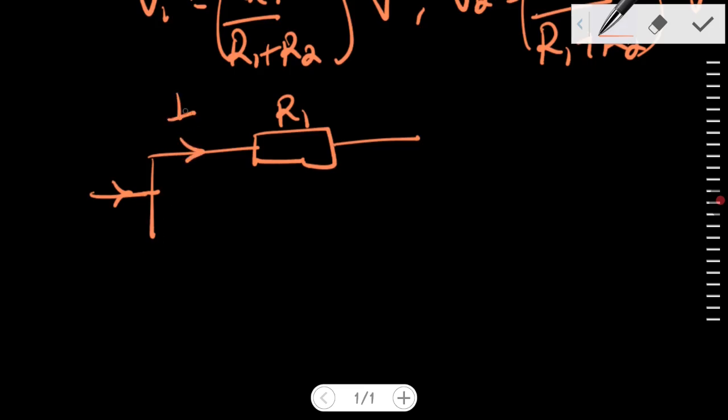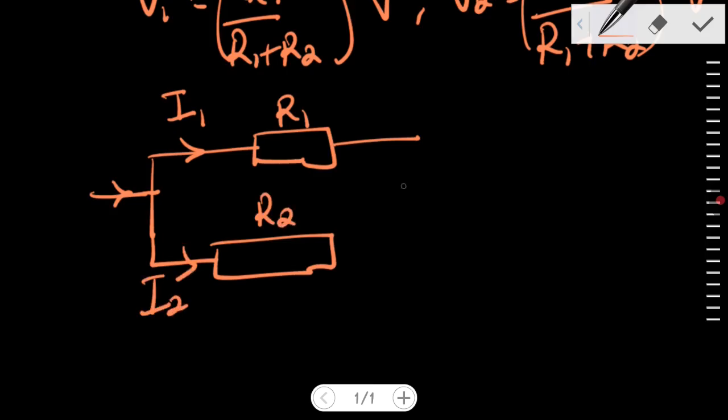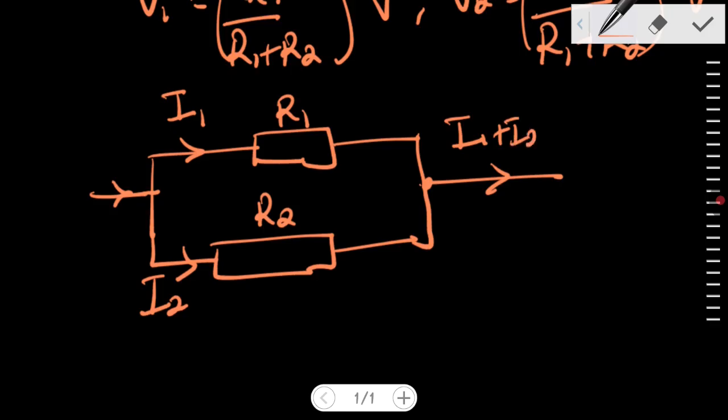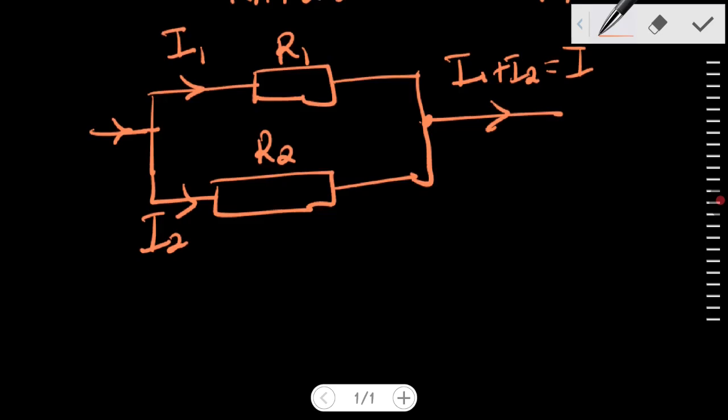We shall have I1, and the one that goes through R2 will be I2, and then the current combines at one point, where I1 plus I2 gives us I again, the total current.